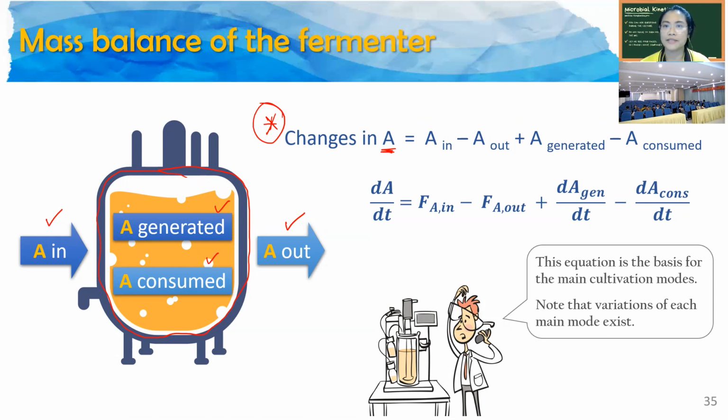So it is the mass balance for A. You see that A in and A generated are positive, meaning they are put into the system or increased in the system, versus A out and A consumed, which is something taken out of the system or that disappears in the system. If we change this expression into mathematical equations, the change in A is of course dA/dt.